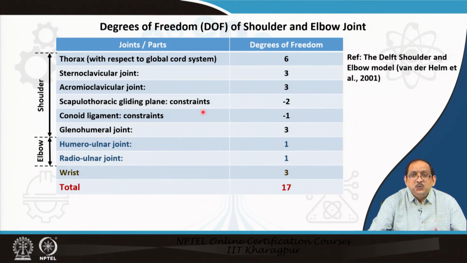So, at these 2 points, 2 degrees of freedom are constrained, and that is the reason we put a minus before 2. So, it is 2 constraints offered by the scapulothoracic gliding plane.